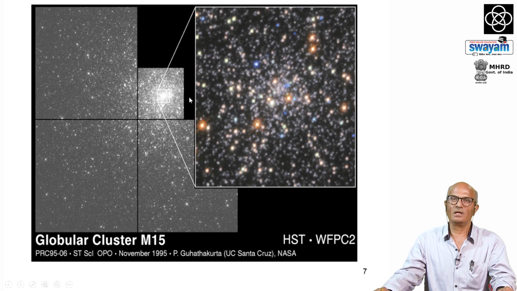As I mentioned earlier, this has become possible because the angular resolution of the Hubble Space Telescope is roughly 10 times better than ground based telescopes which are not using adaptive optics. So, in a sense, these types of Hubble images provide, for the first time, the stellar population of the core of galactic globular clusters.